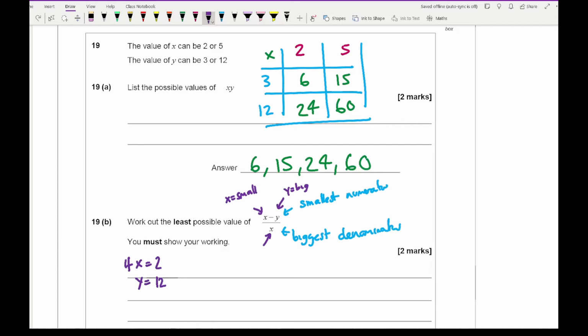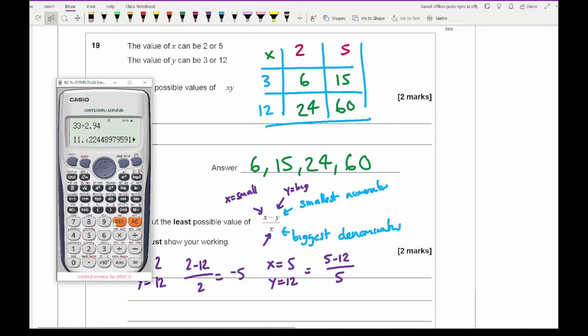So if x equals 2 and y equals 12, we've got 2 minus 12 over 2, which gives me an answer of minus 5. If x equals 5 and y equals 12, I end up with 5 minus 12 divided by 5, which on my calculator is minus 7 divided by 5, giving minus 1.4.